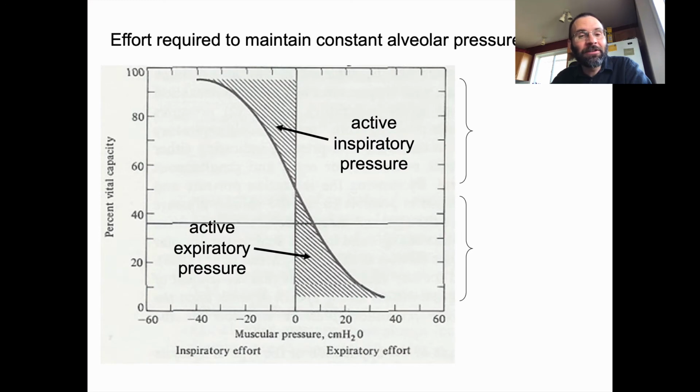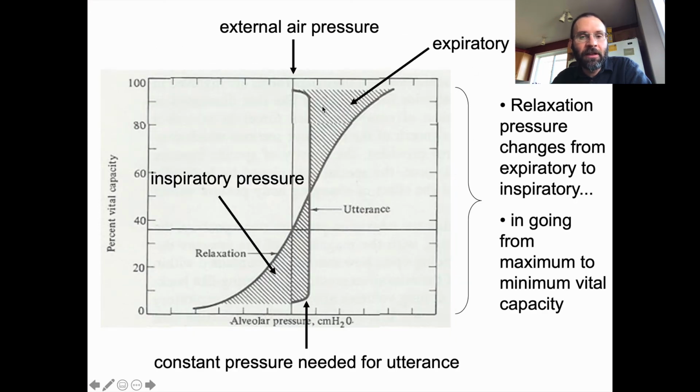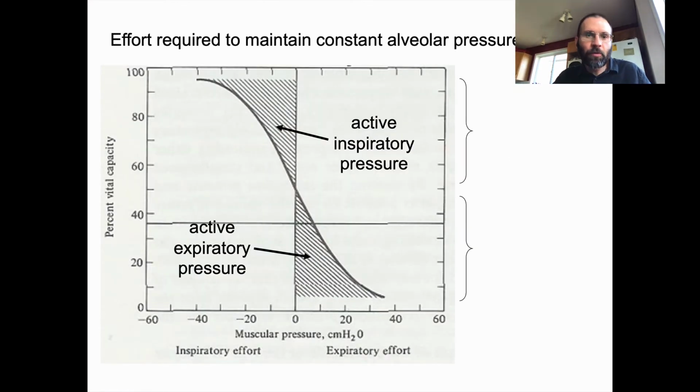Okay, so what you have to do to keep that alveolar pressure constant is counteract this relaxation pressure, these shaded areas on either side of this equilibrium that you're trying to maintain. So when your lungs really want to contract, you have to really actively keep pushing them out. So we're going to be constantly breathing out here, but at the start, we're going to be actively breathing in, or using the muscles that we normally use to actively breathe in.